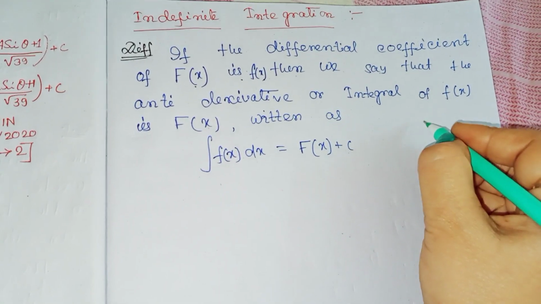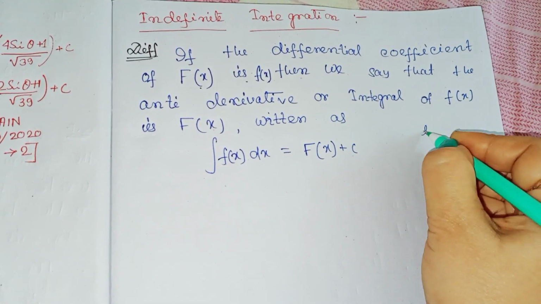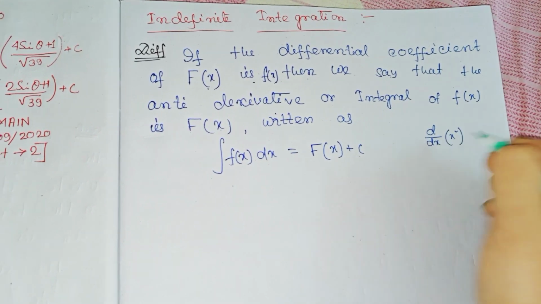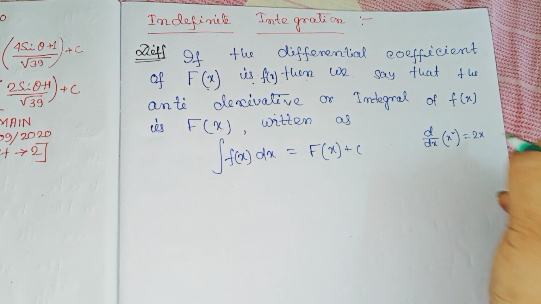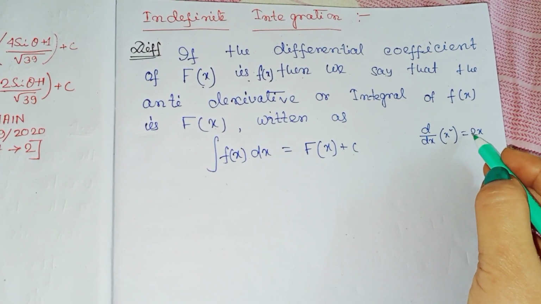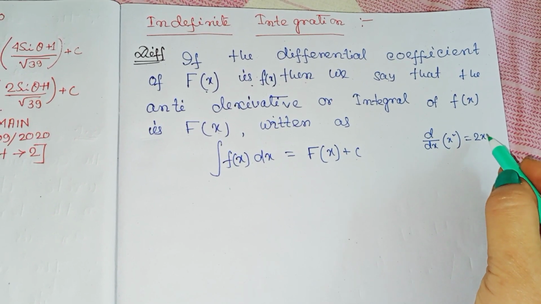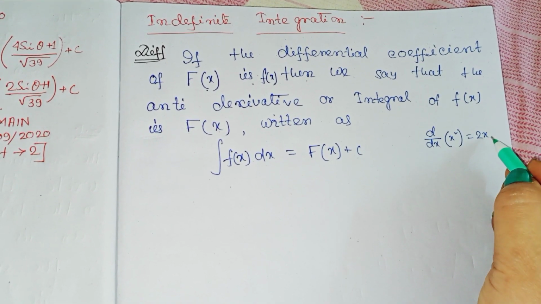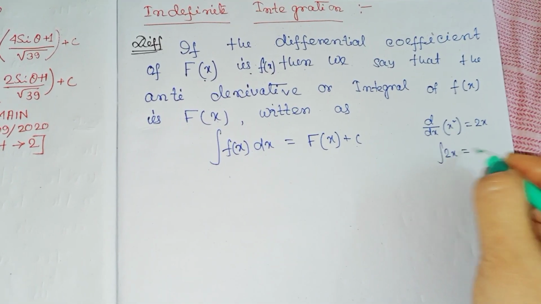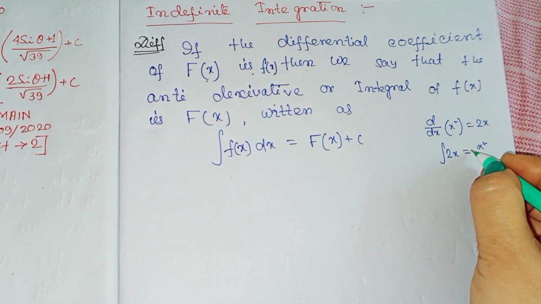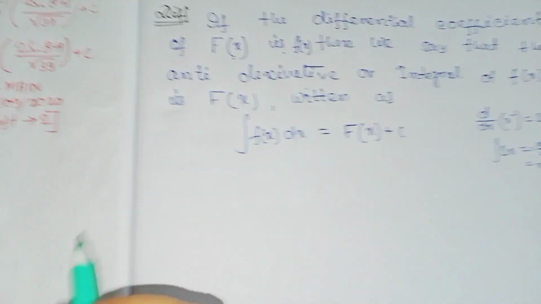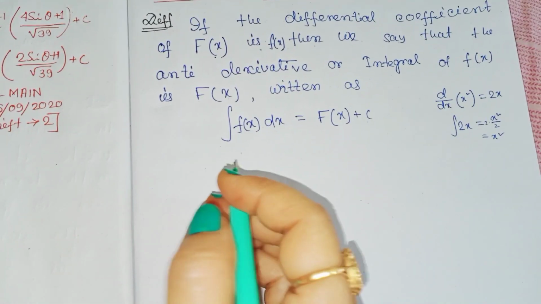For example, when we take the derivative of x square, it is 2x, only 2x. But when we integrate 2x, it becomes x square, so it is the reverse process.